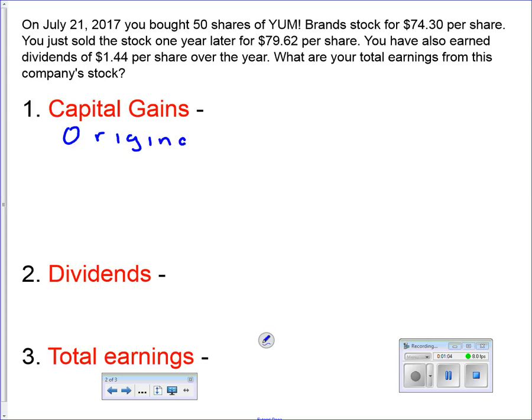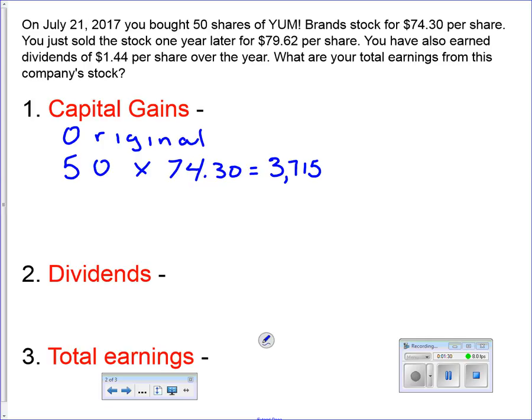We take 50 shares times the dollar amount per share. If we do this math, we're going to find out that we paid $3,715 initially for these 50 shares of stock.